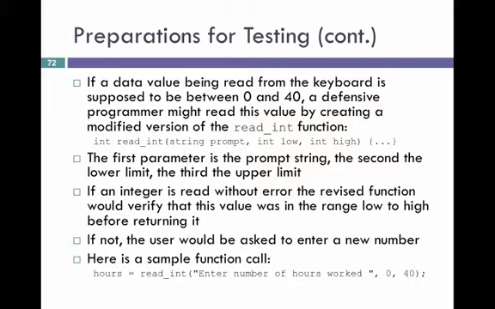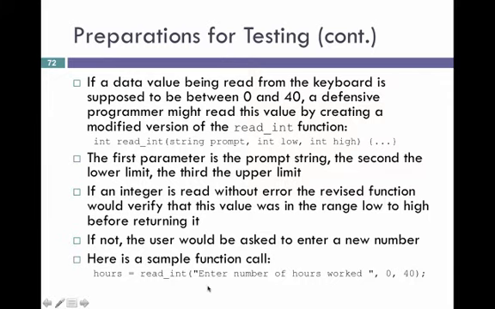And then assuming we read an integer and there's not an error, so that the user did type in digits, we can do a further verification to verify whether this value is in the range low to high before we return it. And if not, then we can provide an error message and prompt the user again.